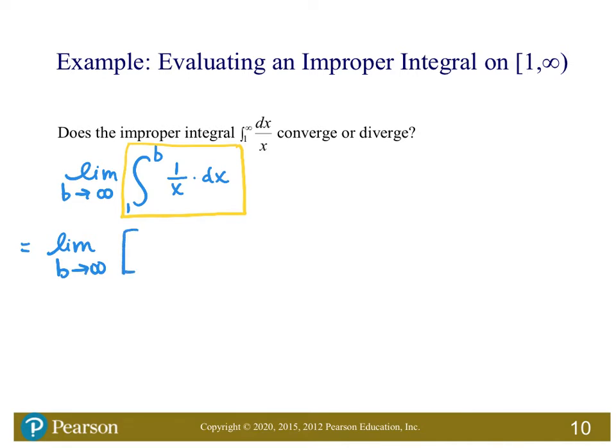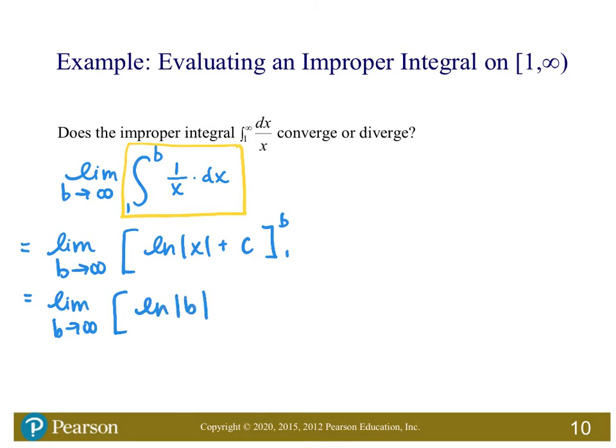The antiderivative is the natural log of the absolute value of x plus the constant c going on the interval from 1 to b. The limit as b approaches infinity would be the natural log of the absolute value of b plus c minus the natural log of the absolute value of 1 minus c.